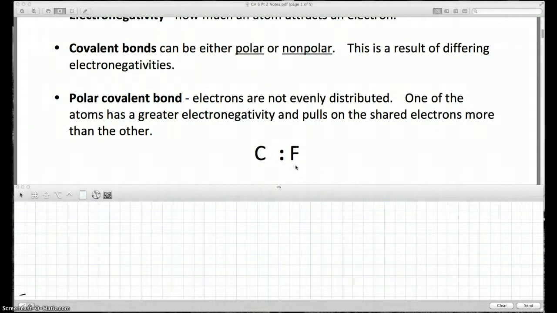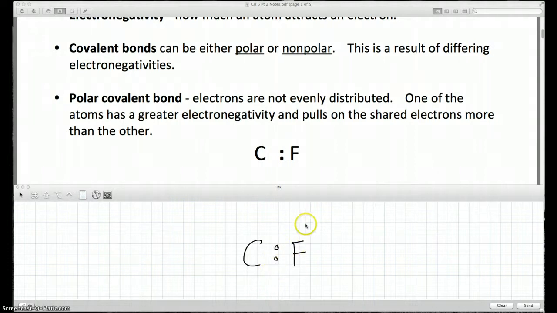Good example of that is if we look at a bond between carbon and fluorine. Normally we write a bond with a line, so a single bond. But in this case, I think it's helpful to think of it as those dots. So we have those two shared electrons between the carbon and the fluorine.